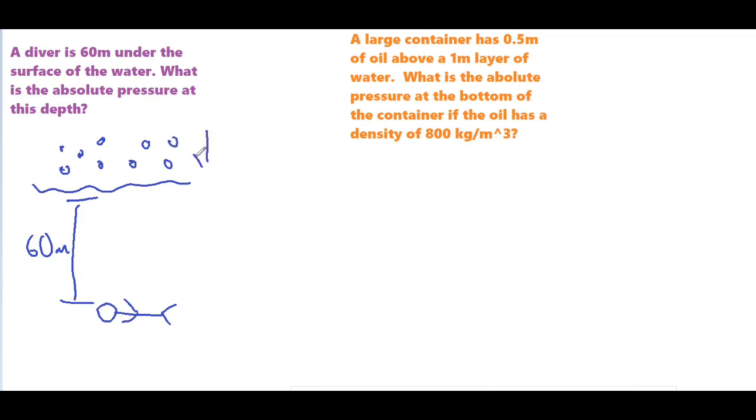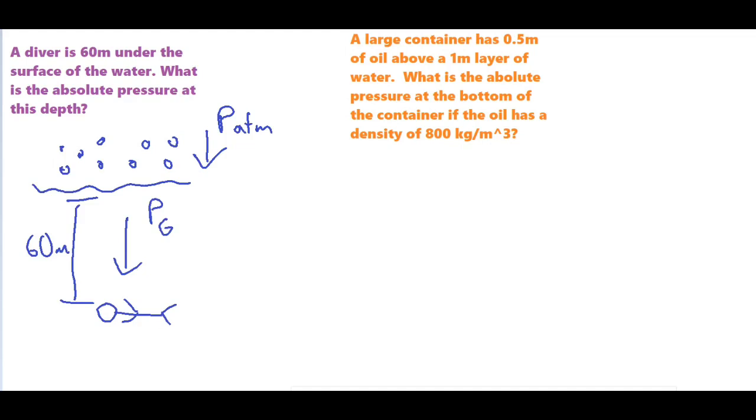So we have 2 different pressures that we're combining. This one we would call the atmospheric pressure, and this one we would call the gauge pressure from our liquid, which is the water. And we're going to introduce a new formula here as well.